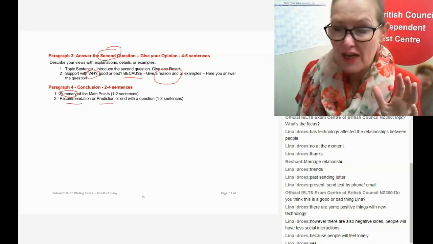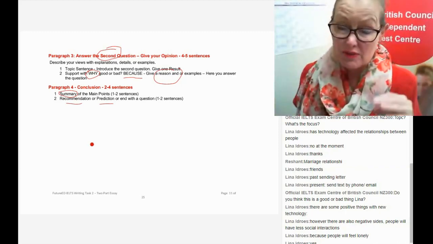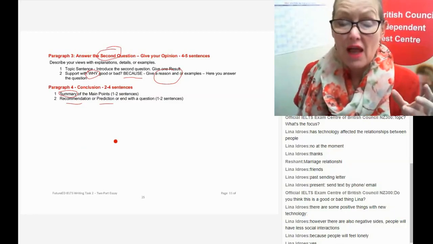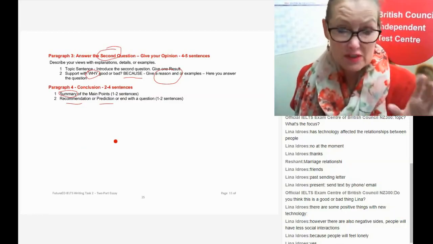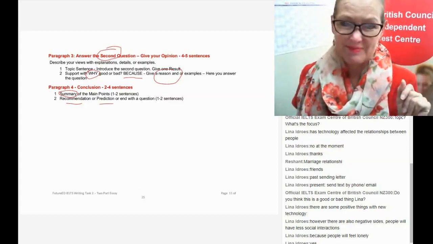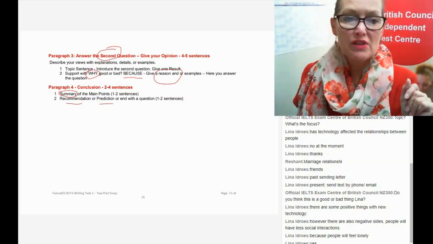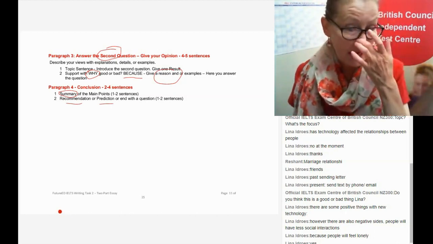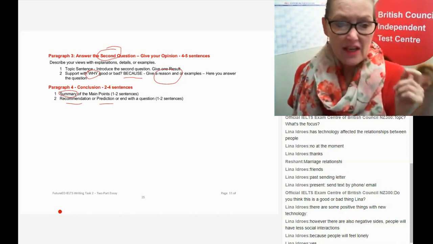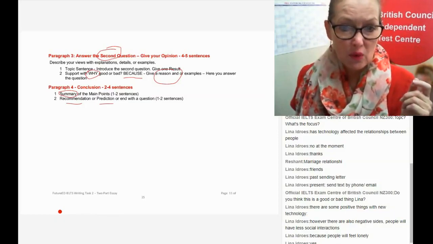And you're going to be actually referring back to the information in the first paragraph. You don't need to rewrite it, but these are obviously the results of paragraph 2, which is your question 1. And you want to support with this little question. You ask yourself this little question, why? Is it good or bad? And then, of course, your answer is going to be because.